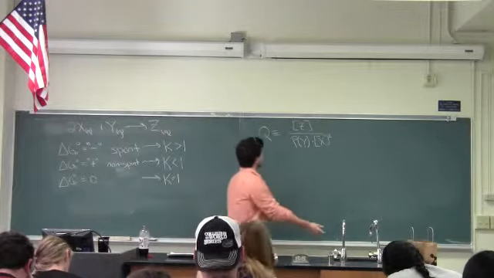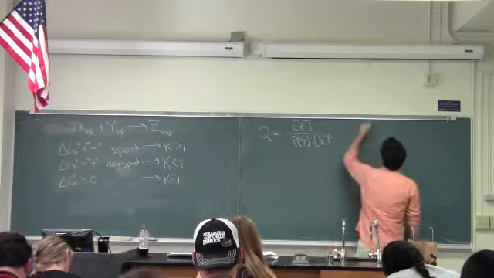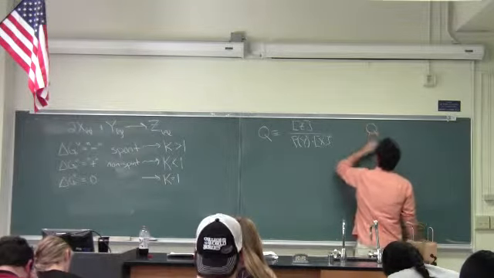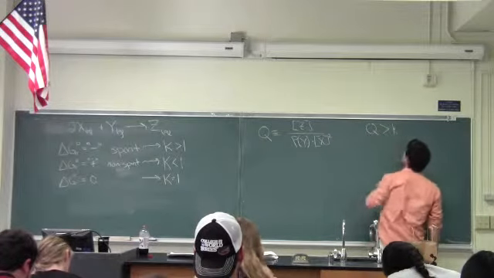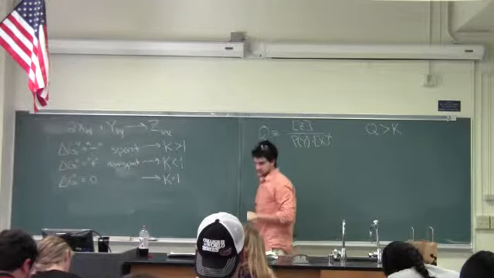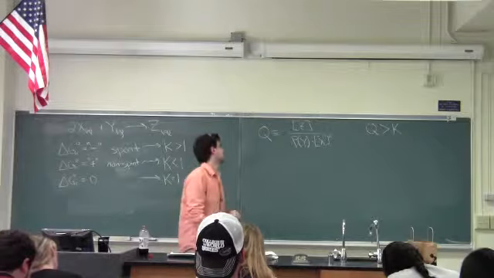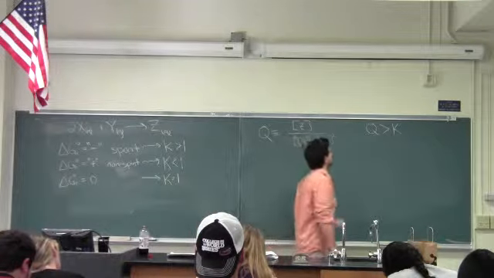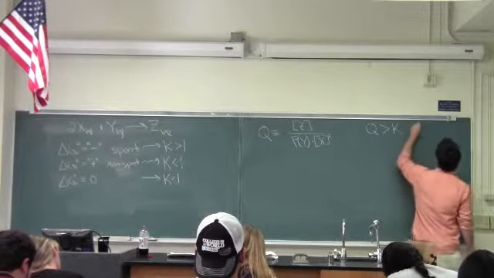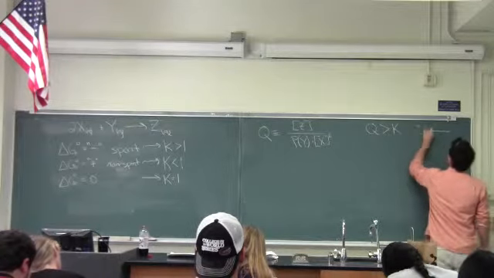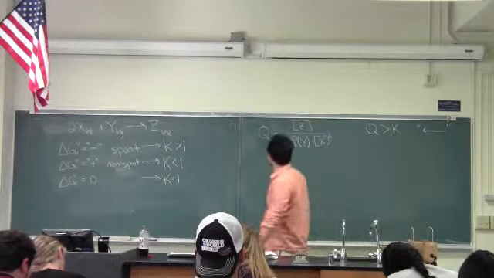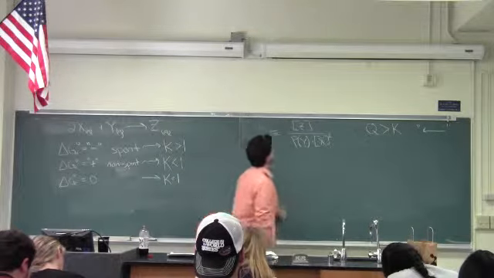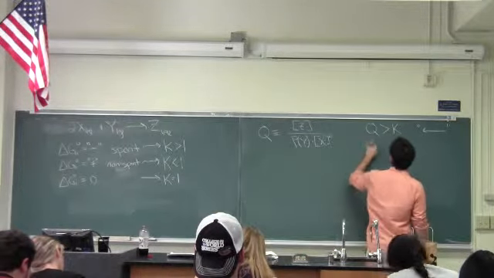But we want to remember what Q tells us. So if Q is greater than K, what does this mean for my reaction? Proceeds in the reverse direction. So I'll just draw an arrow pointing to the left. Reverse reaction is what's going to occur. Q is less than K. The exact opposite is true.